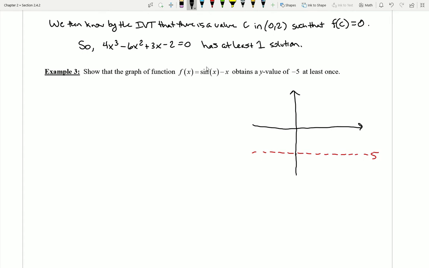Well, let's see. It's made of two pieces that are being subtracted, the sine function and the function of x. And these are both continuous everywhere.